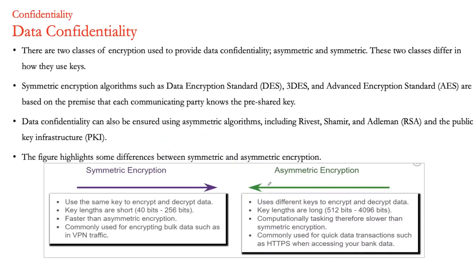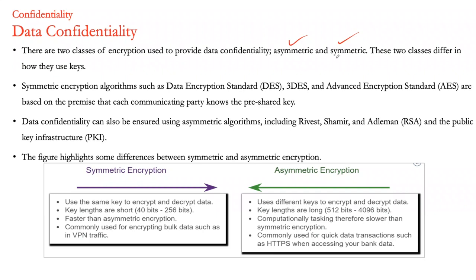To achieve confidentiality, two different methods are used: the symmetric key method or the asymmetric key method. These are two different classes of encryption used to provide confidentiality.